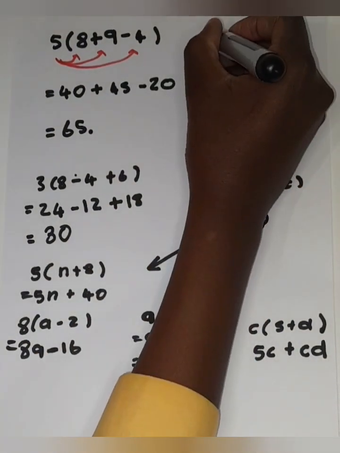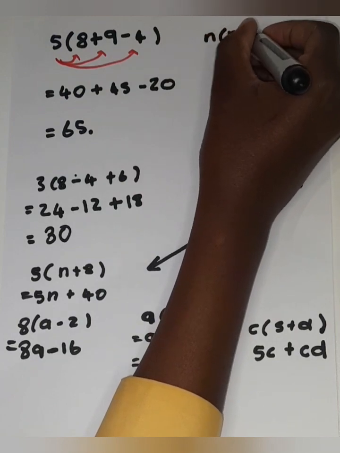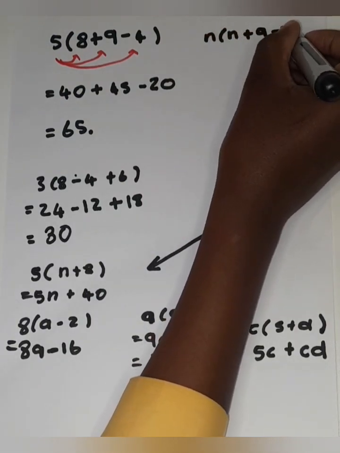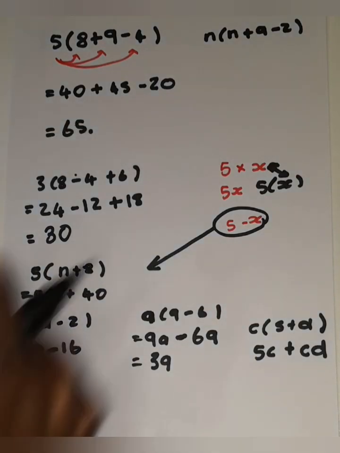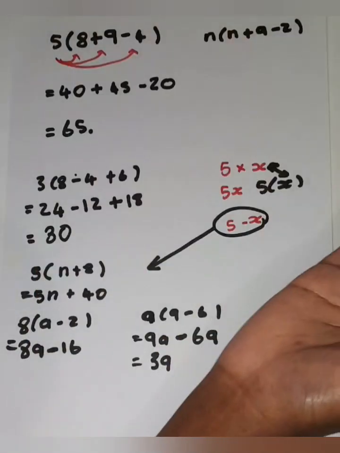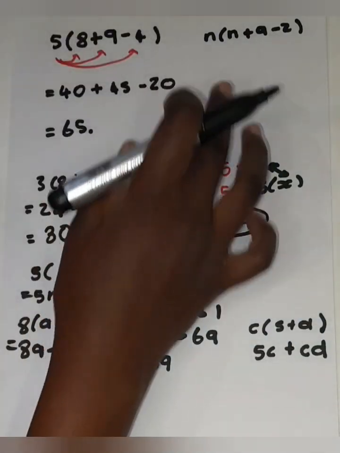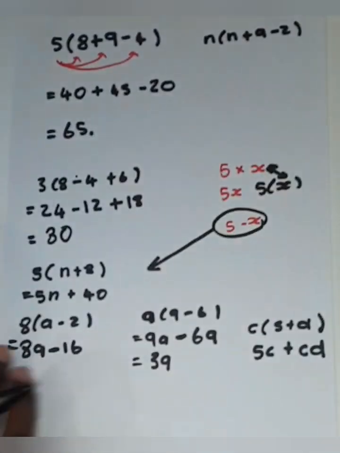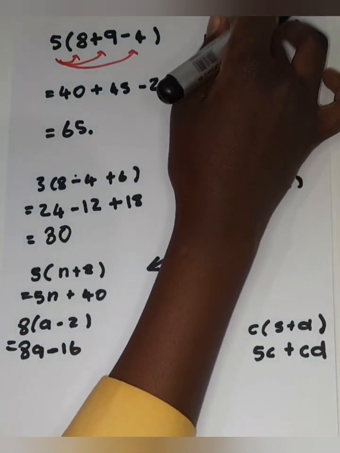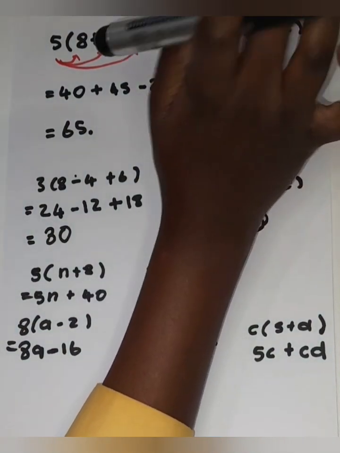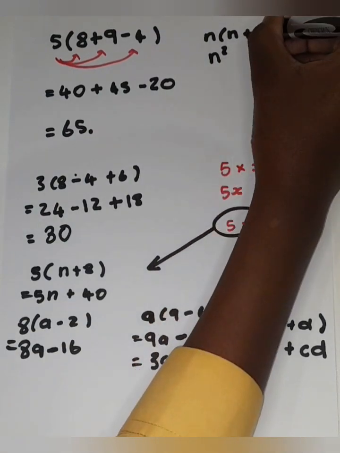I'll have N times N plus A minus 2. When this is like this, N times N, exponential laws, which is N squared. I'm not going to explain this, so please watch it. This is A, not 9.